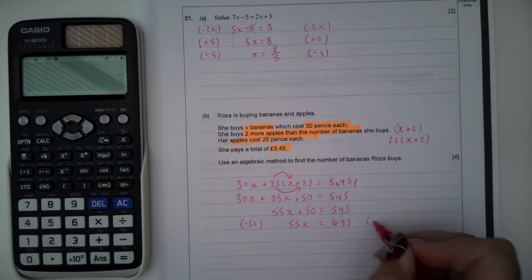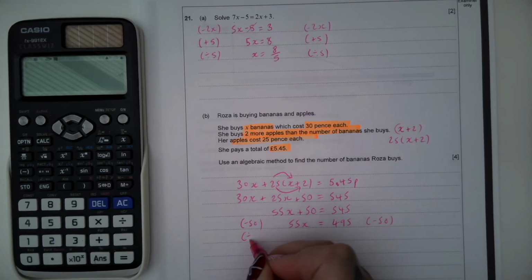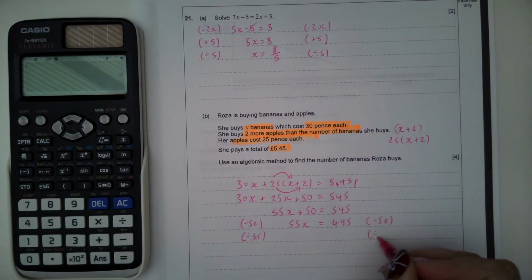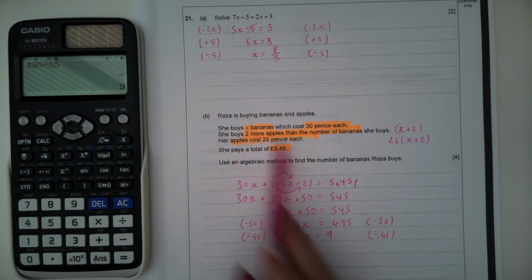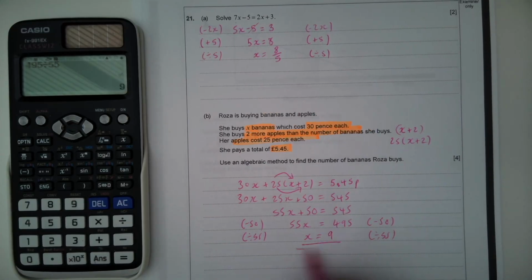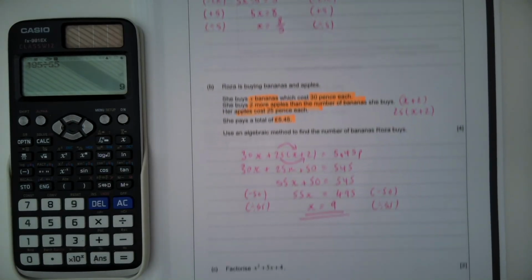And then I'm going to divide by 55 because it's the inverse of multiplying by 55. So x equals 9. Okay, x is the number of bananas, so that's our answer.